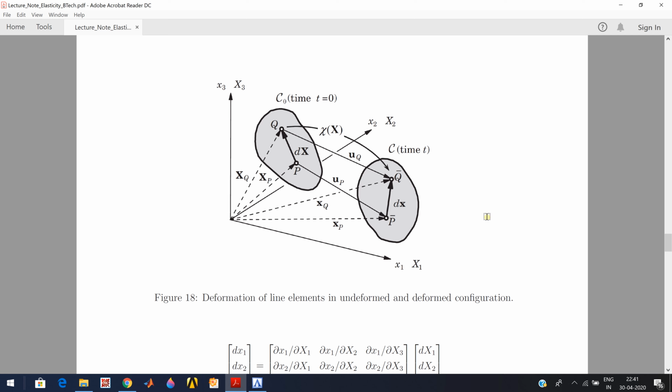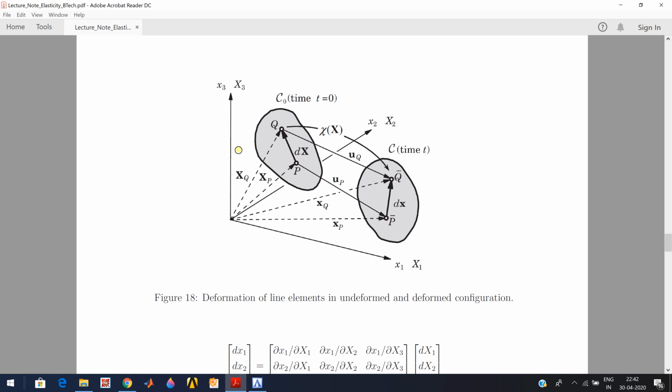So mathematically we'll get the actual expression, but what does the deformation gradient do? It acts on the line element d capital X and generates the line element d small x.